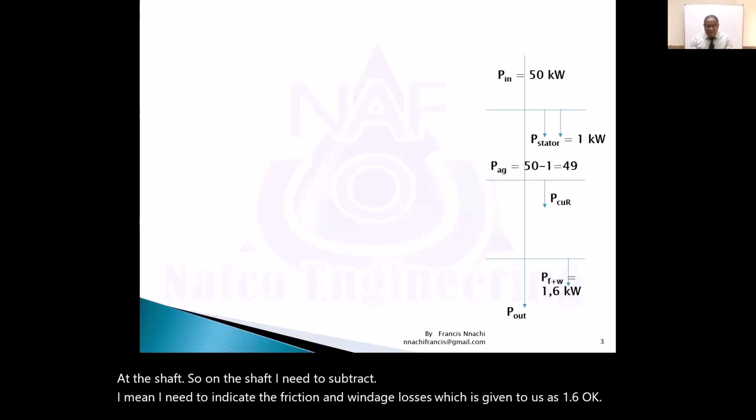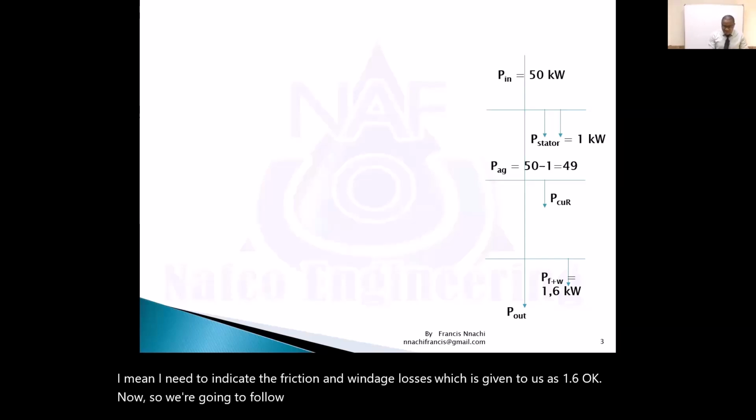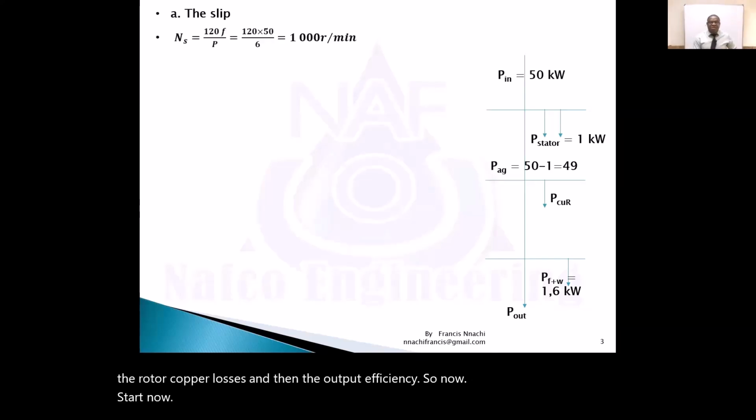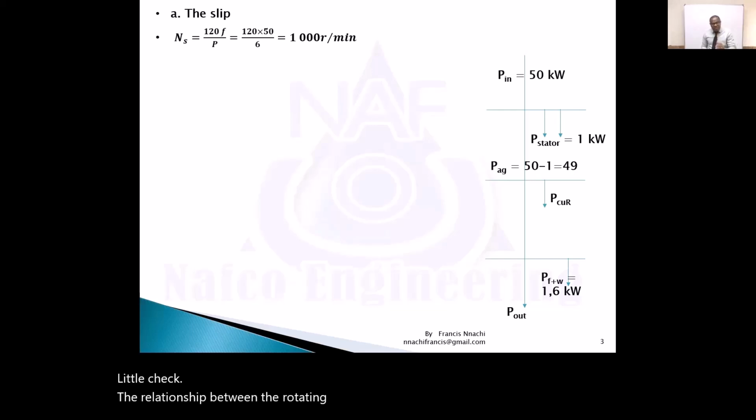We're going to use this to solve the problem. To calculate the slip, we need to check the relationship between the rotating magnetic field in the stator and the rotation of the rotor.